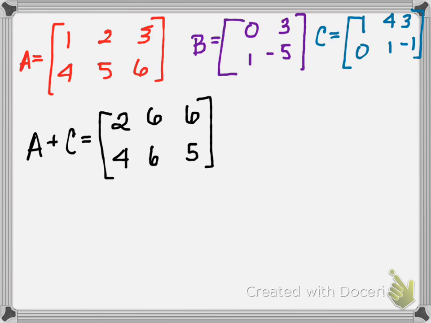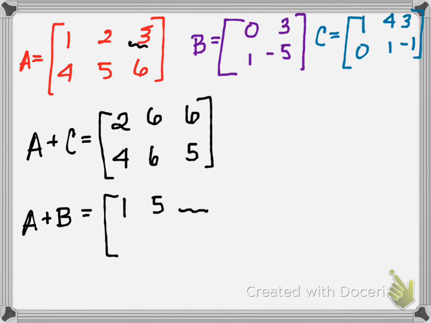What you'll notice is in order to perform this addition, I need to have entries in all the places in A where I have entries in all the places in C. So if I try to do A plus B, for example, I might start and get 1 plus 0 is 1, 2 plus 3 is 5, and then would I put something here? Would I not put something here?